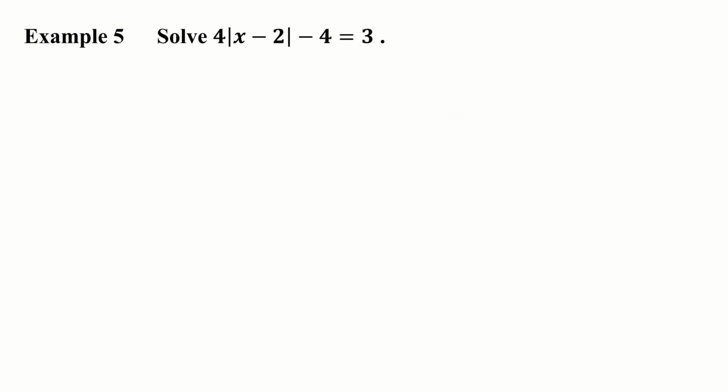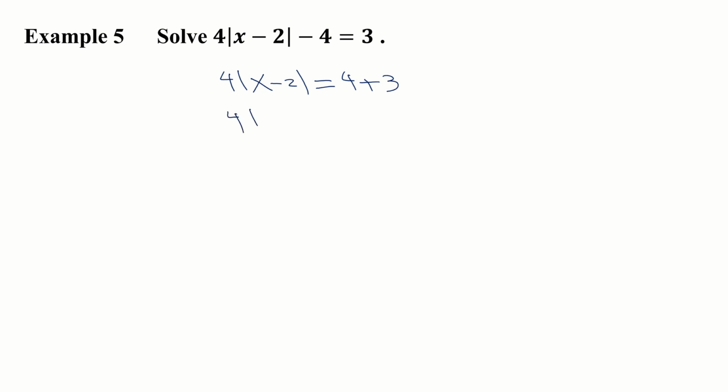All right, how about this one? Try it on your own first, pause the video, and then come back. All right, as you may have guessed, we need to isolate that absolute value term, right? So we're going to go ahead and add 4 to both sides to move the negative 4 over. So we get 4 absolute value of x minus 2 equals 4 plus 3.